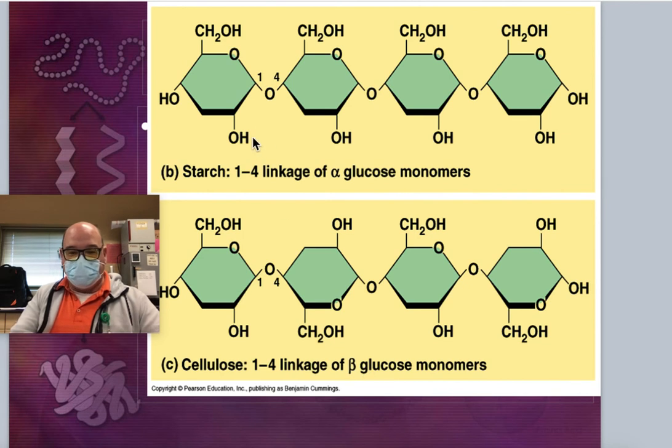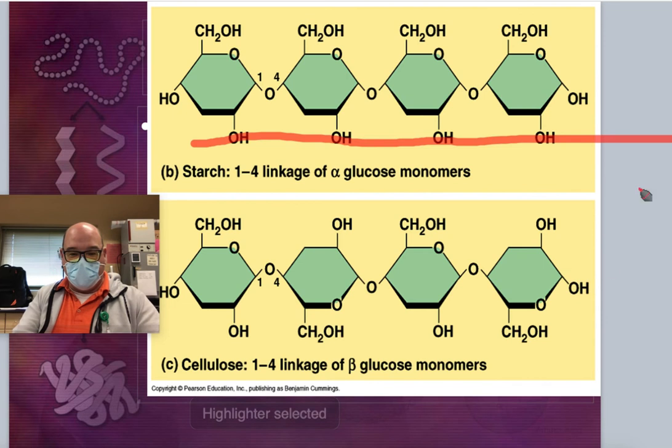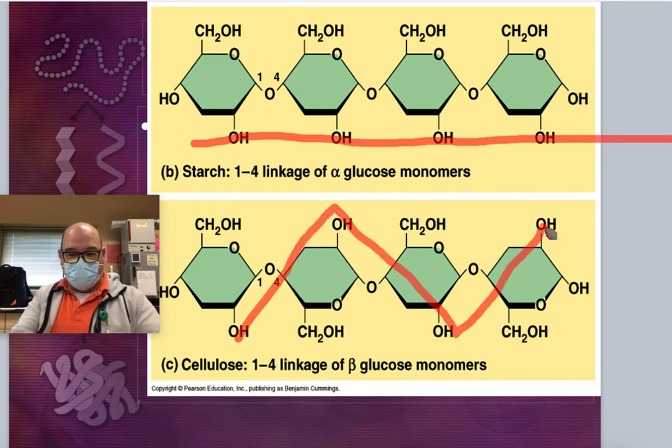And all you're seeing here is this OH always facing down on starch, and on cellulose, it's like every other one. So what am I talking about? I'm going to highlight it. These are all facing the same way, and these are sort of alternating back and forth. So why does that matter? Okay, it affects the way this folds up.